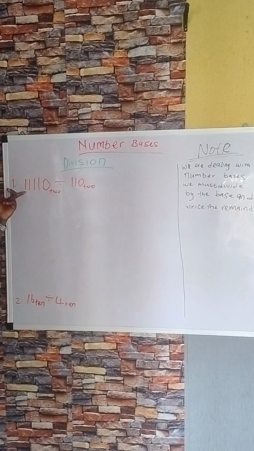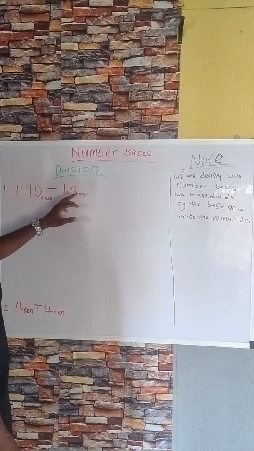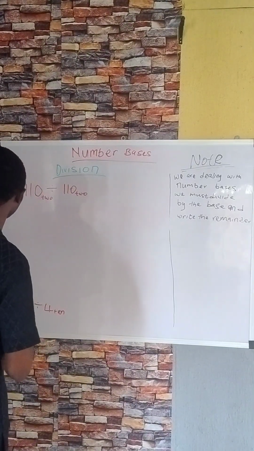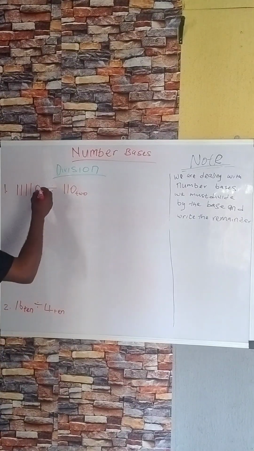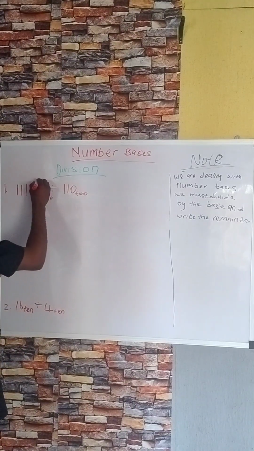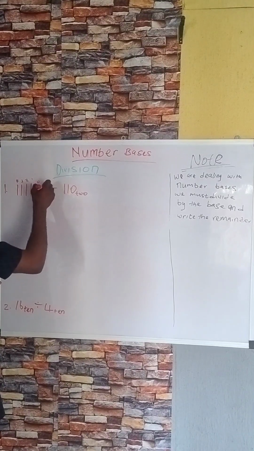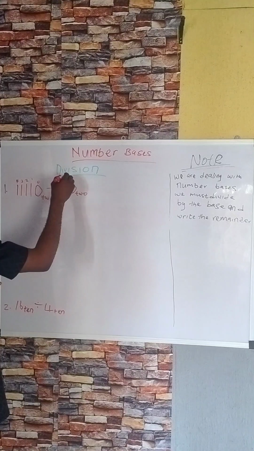We have 1110 base 2 divided by 110 base 2. So what you have to do is convert to base 10. In converting to base 10, remember we apply a number line of integers. You put 0, 1, 2, 3, 4. Now if there was a decimal, after the decimal you begin to add -1, -2, -3.